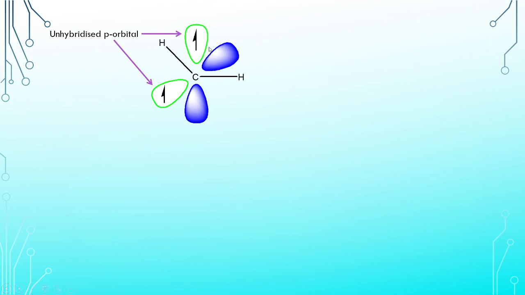These are the unhybridized p orbitals. The geometry is linear geometry. Therefore, it is less stable.